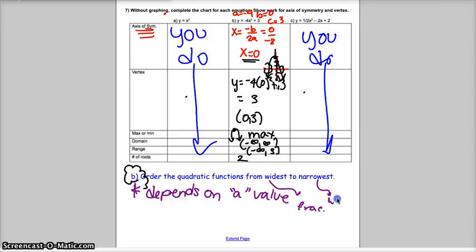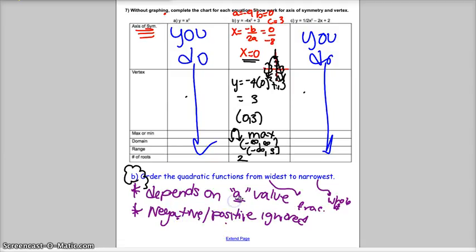Narrowest is that whole number. And you're ignoring the sign. What the sign does, the positive or the negative, affects the direction. You're just looking at the A value. It's the A value that's affecting the width.